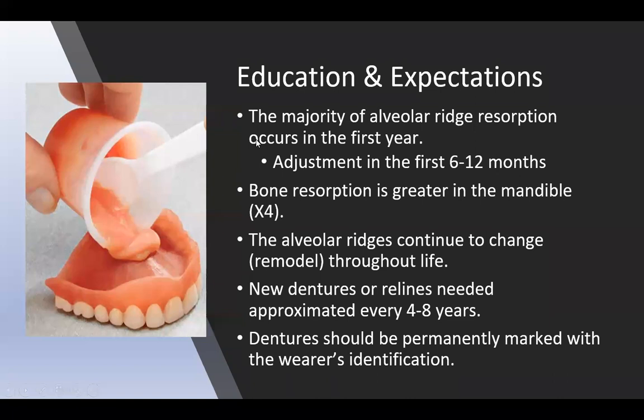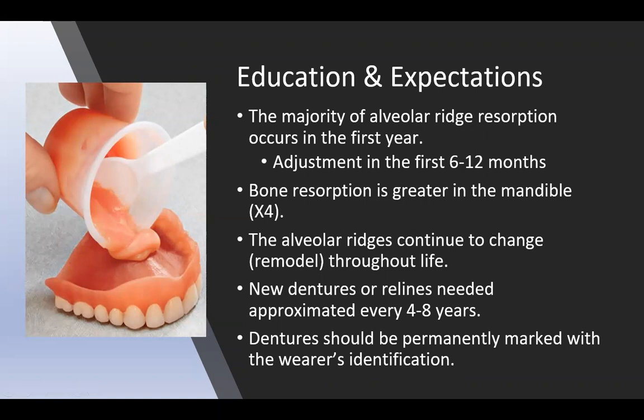So education on expectations continues. The majority of the alveolar ridge resorption occurs in the first year. So that's when they're going to see the most changes, and they oftentimes have to come in for adjustments at 6 to 12 month marks. Bone resorption is greater in the mandible, 4 times greater in the mandible. The alveolar ridges continue to change or remodel. That's when bone changes throughout life.